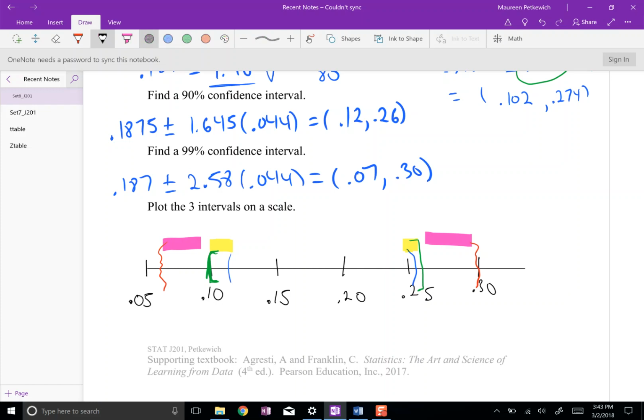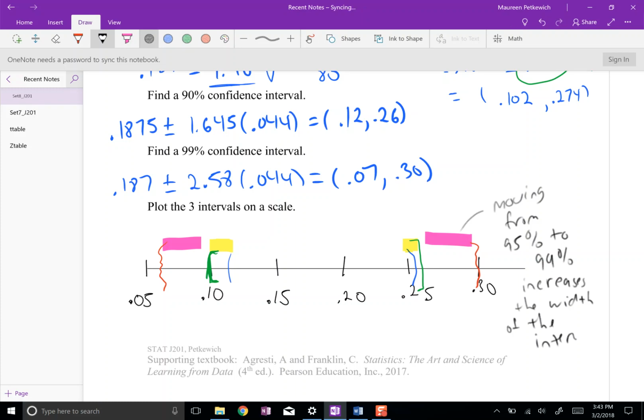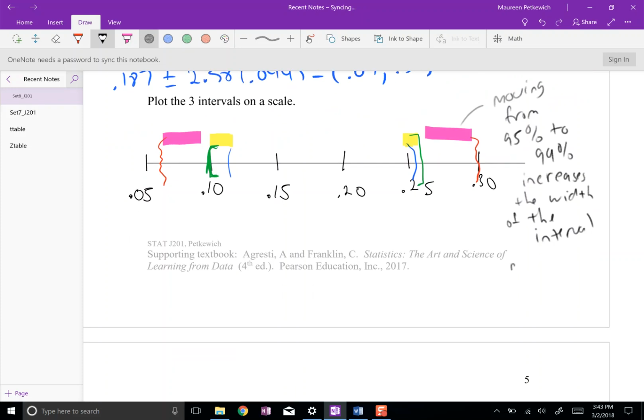So notice that moving from 95% to 99% increases the width of the interval more so than 90% to 95%. All right, and let's just think about why that is.